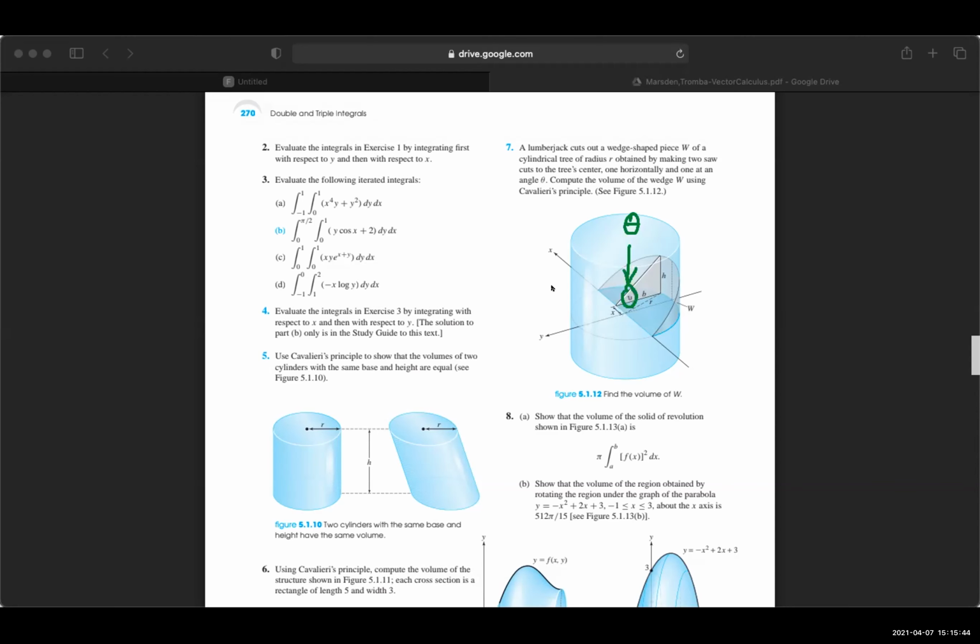But I was trying to set it up as one integral using Cavalieri's principle, because I've never used it before, because I transferred in, and that was something they skipped over because you could just use a double integral. So this for me was difficult because I was trying to figure out how to apply the principle and approach it that way.